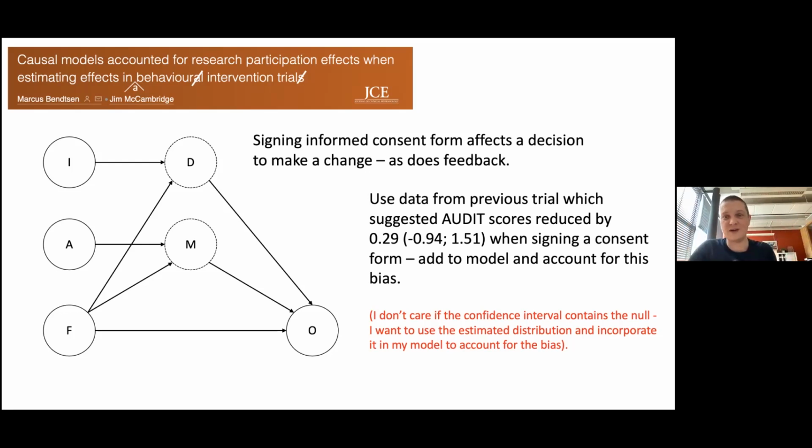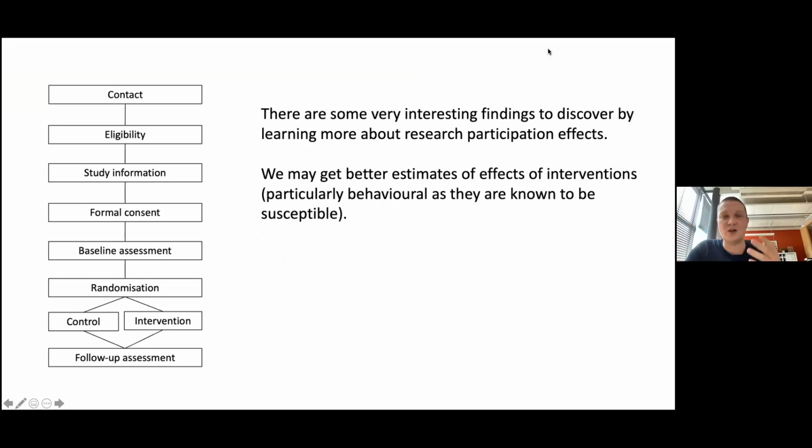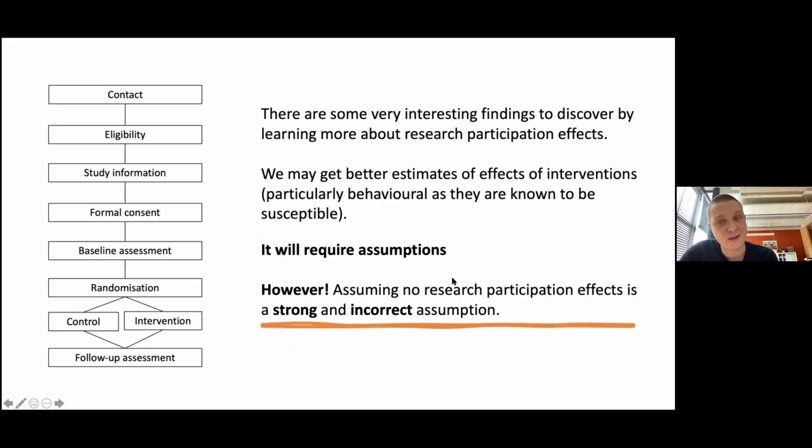This, I think, is super interesting, and I think there's a lot that we can learn and discover about research participation effects. We might get better unbiased effect estimates of our interventions, particularly behavioral ones, as they're known to be susceptible. And then there's always somebody that says, well, this is going to require assumptions. Yes, it will require assumptions.